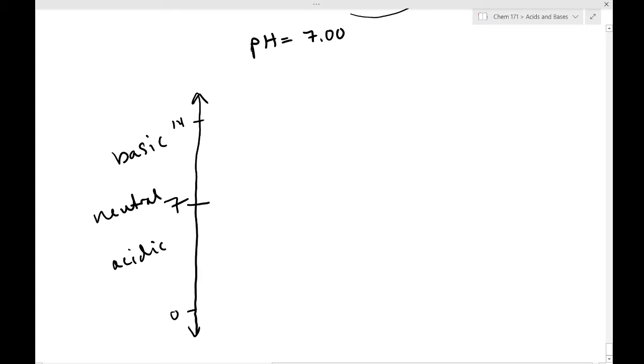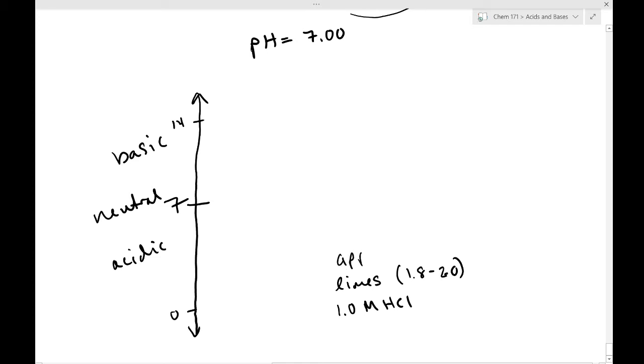Let's see, 1.0 molar HCl has a pH of 0. We have next some lime juice, which has a pH of around 1.8 to 2.0.